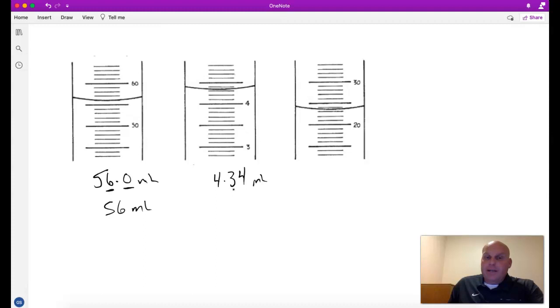Again, the resolution of my device is to the tenths place, so I need to be recording one additional digit to the hundredths. In this example, we're back to a resolution of the ones place. So 21, 22, 23, I know precisely to the ones place, and I'm going to say that's 23.5 milliliters.